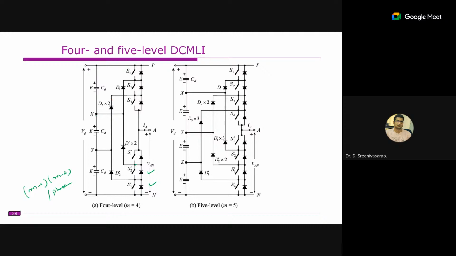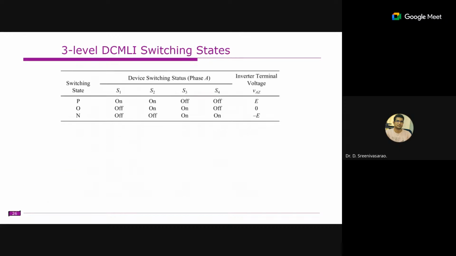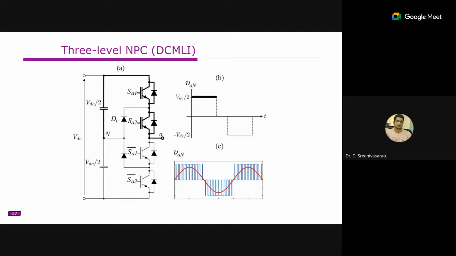As you are increasing the number of levels, the number of diodes increases. Another thing is that in some applications, for example if you are considering a PV here, we normally connect one PV here and another PV between these two, along with the MPPT.